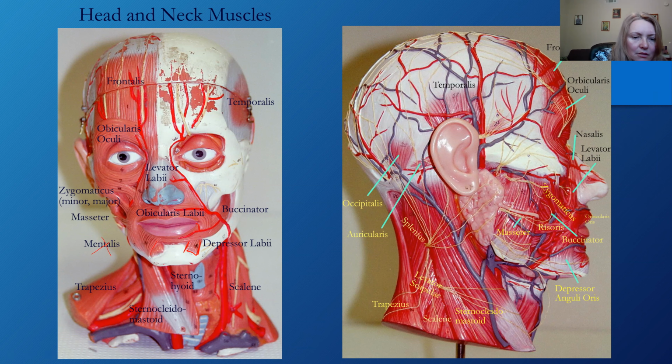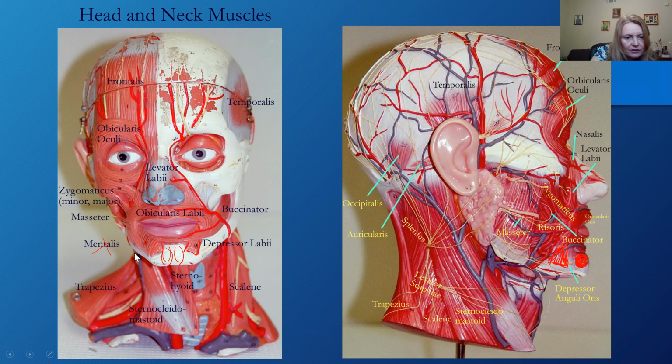Your mentalis muscle is pretty much right here. I think that's depressor anguli oris, like this one. You see, that's your depressor anguli oris, and this is your mentalis right there.